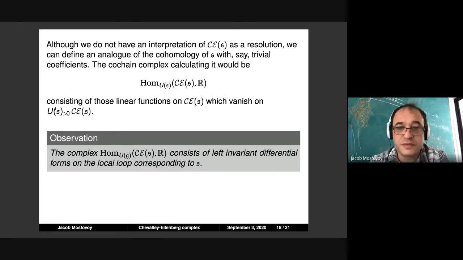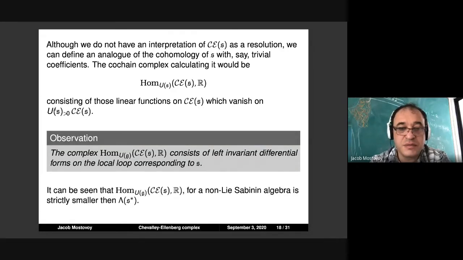This is extremely meaningful, and it tells us immediately that we get something non-trivial, because there exist compact non-associative loops, and therefore they have cohomology, and this is the cohomology that this complex calculates.